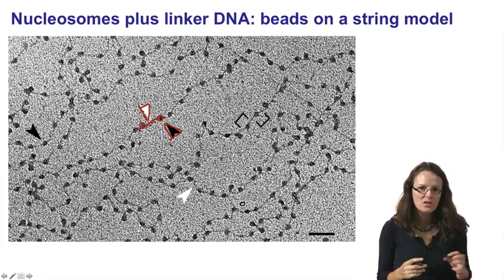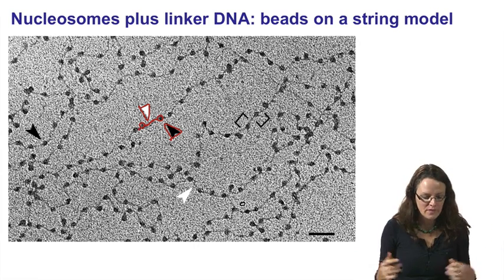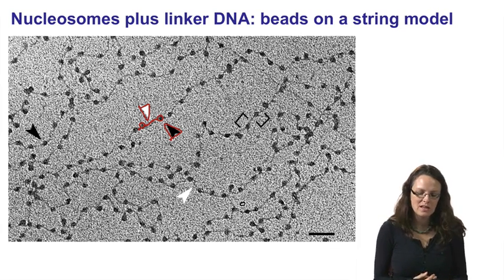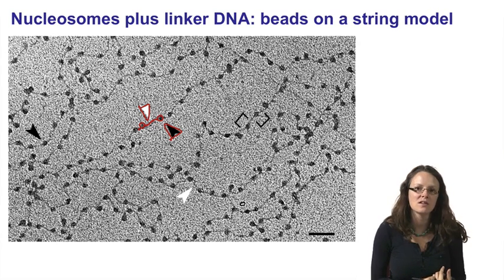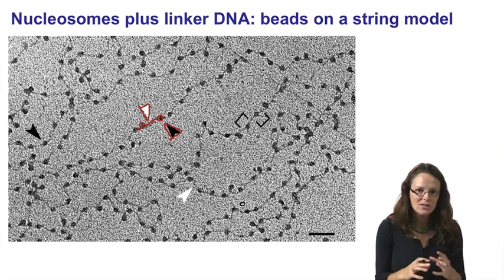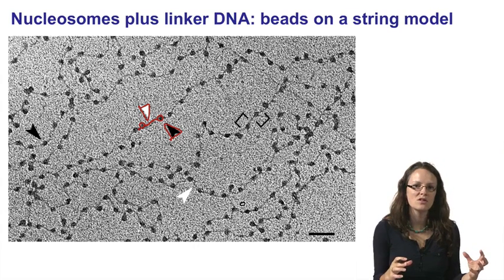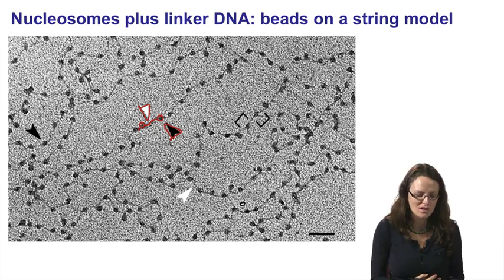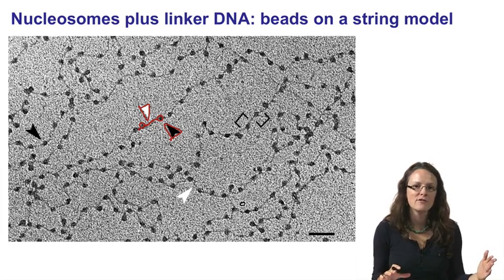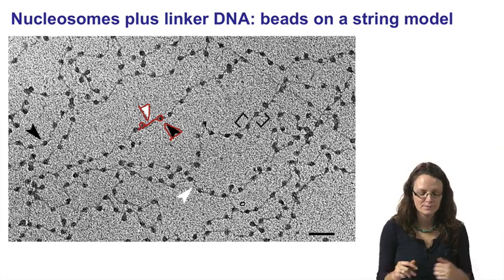So these are nucleosomes with DNA in between them. And so these nucleosomes plus linker DNA are known as beads on a string. This is what actually happens in parts of the nucleus, and even with those histone proteins, it is still a relatively open structure. There's a lot of this electron micrograph that does not contain any DNA or any nucleosomes at all.